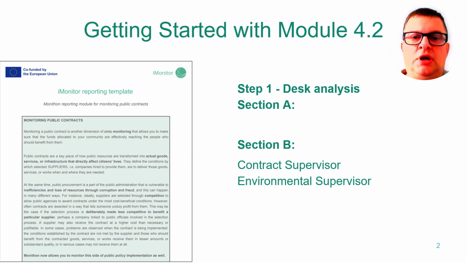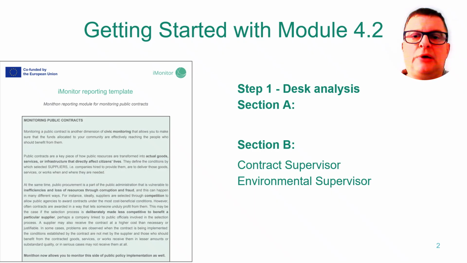During this part, we'll focus on the substantive role of the contract supervisor, looking at how they ensure projects are implemented as planned, that environmental requirements are respected, and that corruption risks are spotted early.